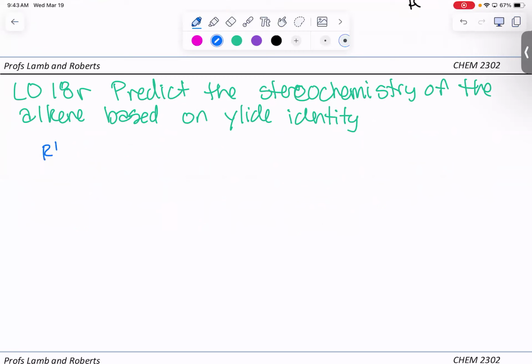If we had the retrosynthesis where we have R1 and R2, and we're going to get that bound to R3 and R4, we can chop that in half, and our ylide, if we go retrosynthetically, could potentially come from R1 and R2. We have a negative charge there, a phosphine with a positive charge.